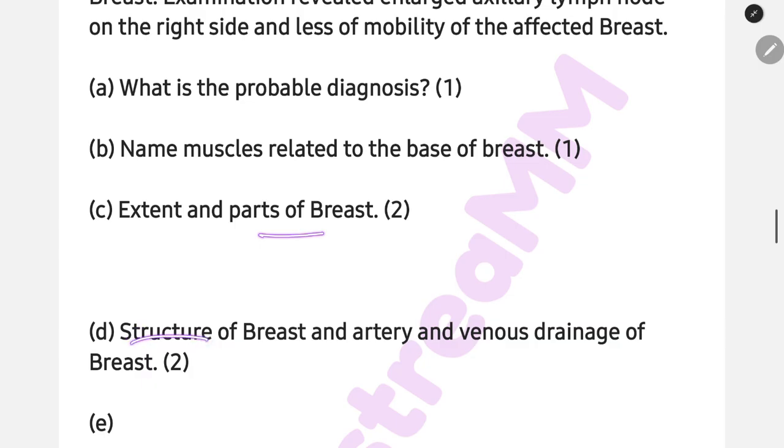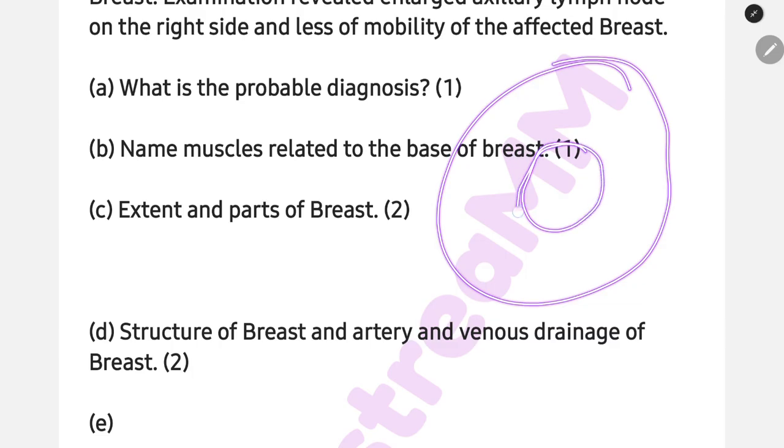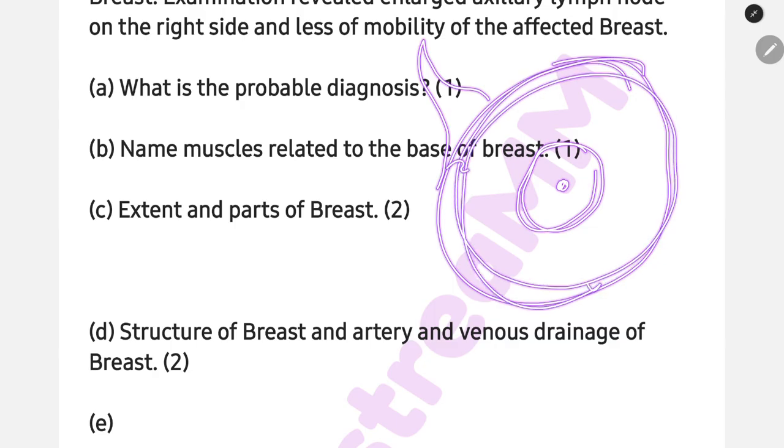So parts and structure: when they ask only for structure of the breast, you can write everything under this: nipple, areola, parenchyma, stroma. But when they have differentiated parts and structure of the breast, then in parts, when you see this breast, you will have the areola here, the nipple here, and the axillary tail of Spence. The breast is located in the superficial fascia of the pectoral region, but this axillary tail of Spence pierces the deep fascia through an aperture called the foramen of Langer.